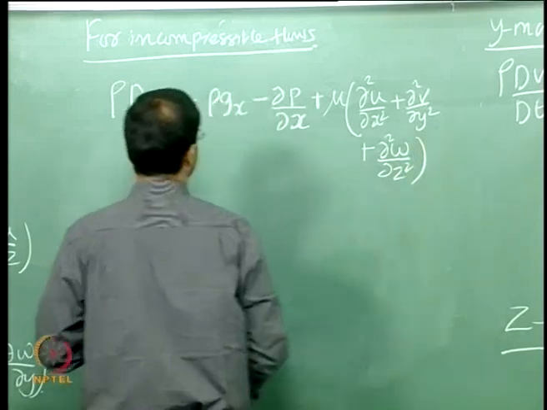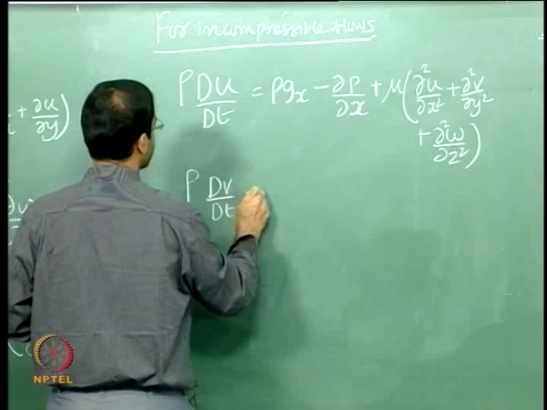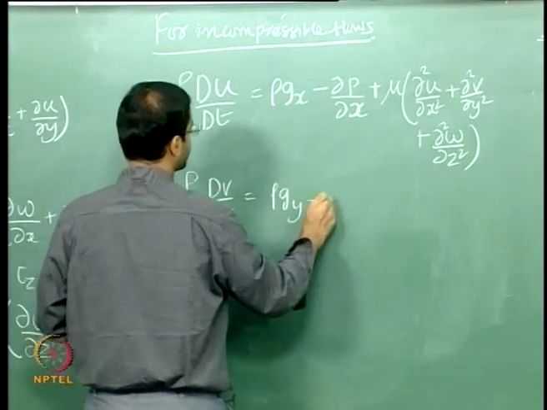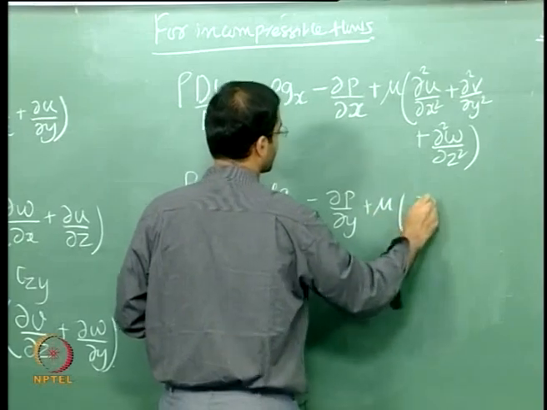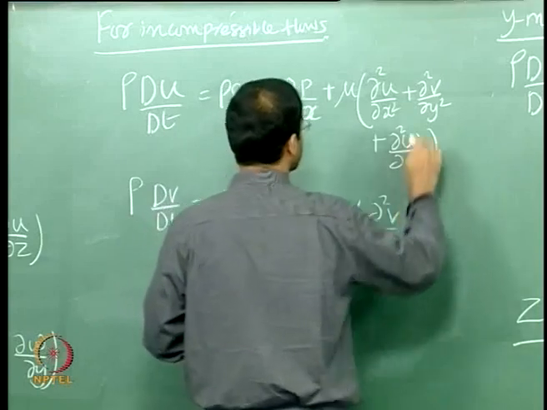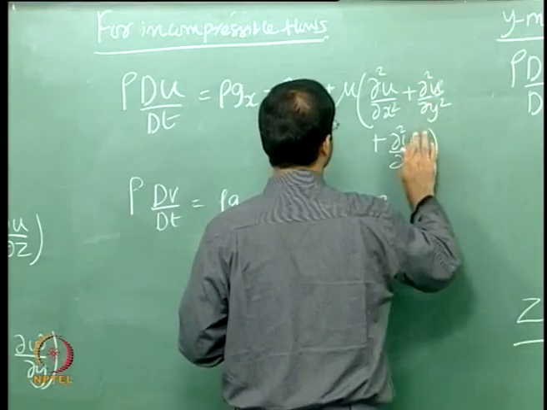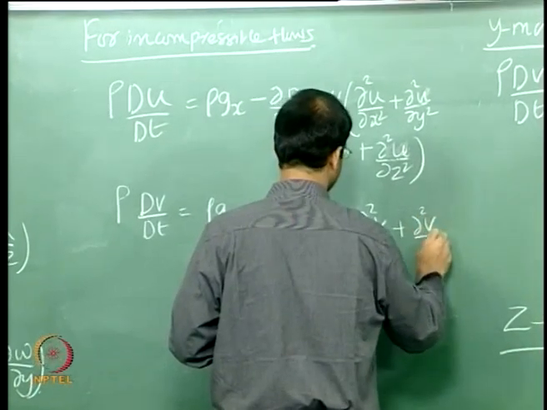So this will be your x momentum. Your y momentum will be, so this will all be u in terms of u, I am sorry. Okay. So this will be in terms of v.